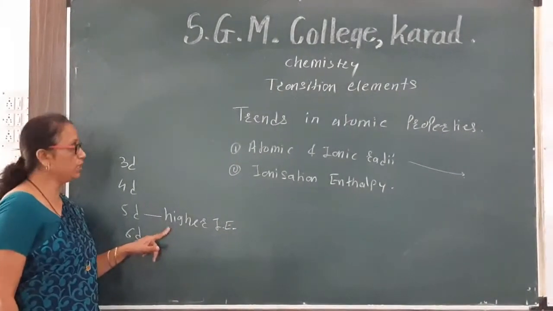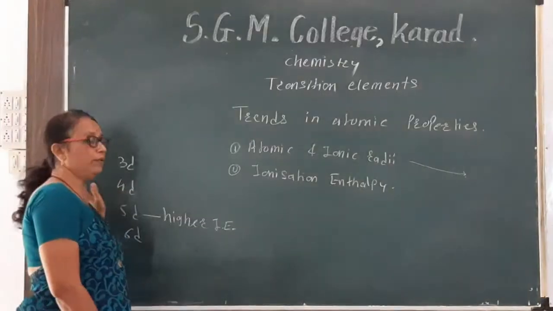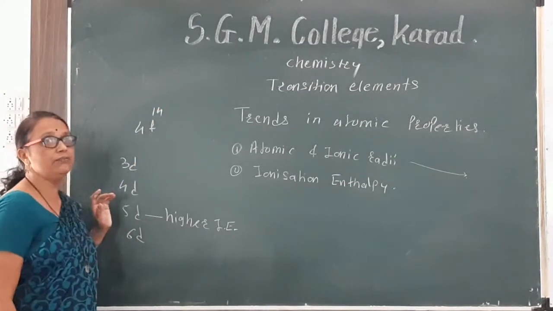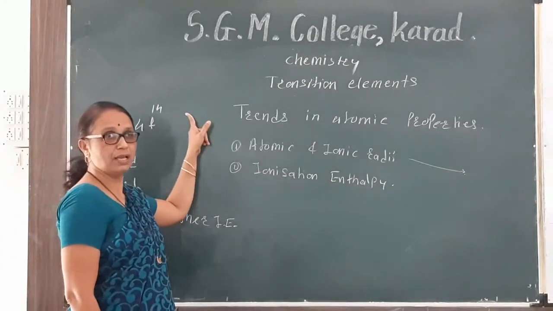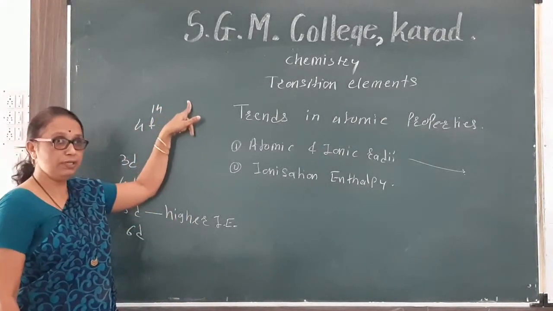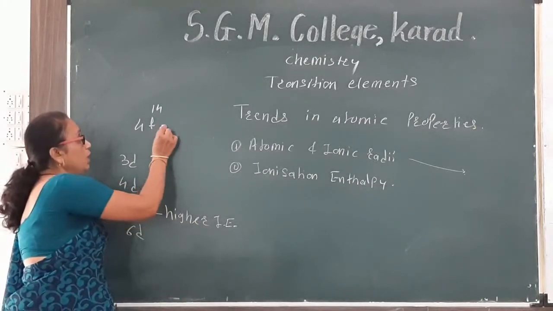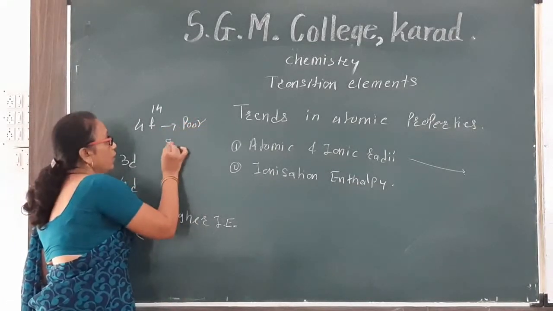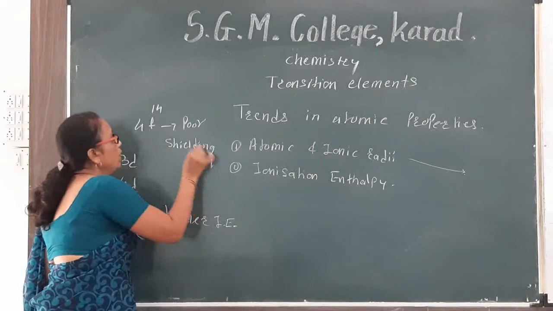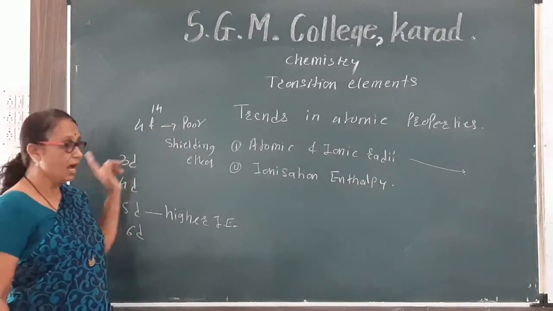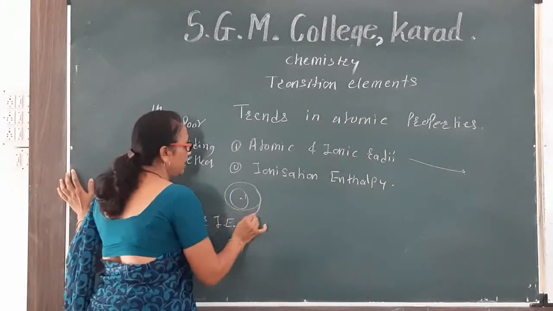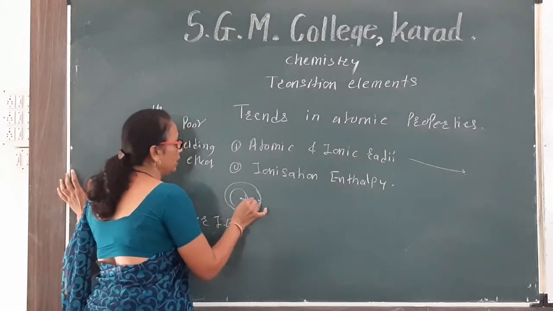Because in the case of the 5d series, if we see the electronic configuration of any 5d element, the 4f orbitals are completely filled, that is 4f14. As the 4f orbitals are completely filled, this filled 4f orbital has a poor shielding effect or poor screening effect. Due to poor shielding of the 4f orbital, attraction between the nucleus and outer electrons increases.